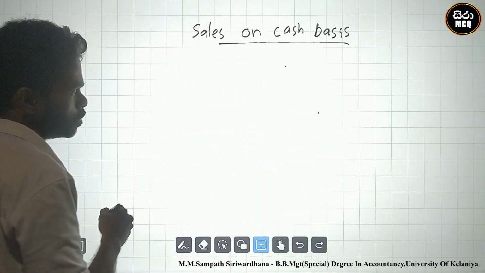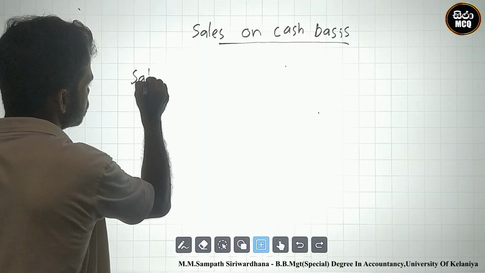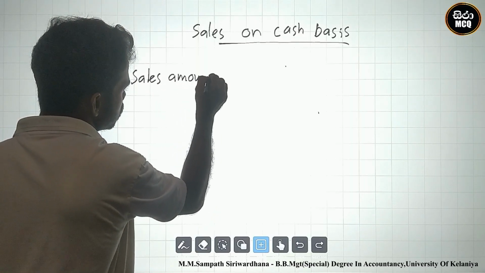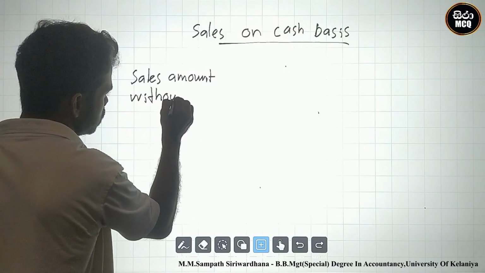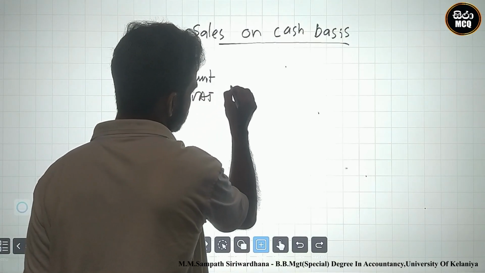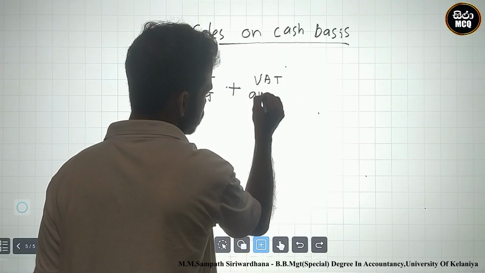At this time we must focus on the schedule. This is the sales amount without VAT. We must add the VAT amount.